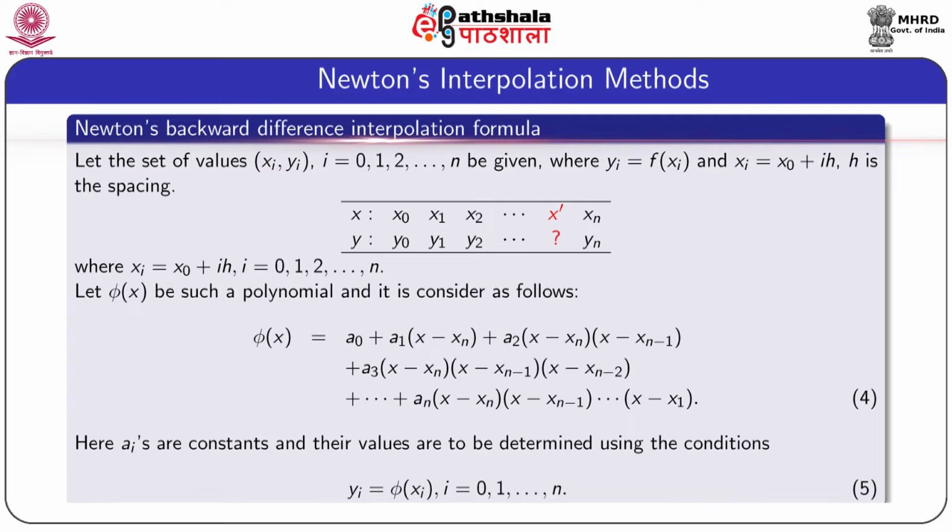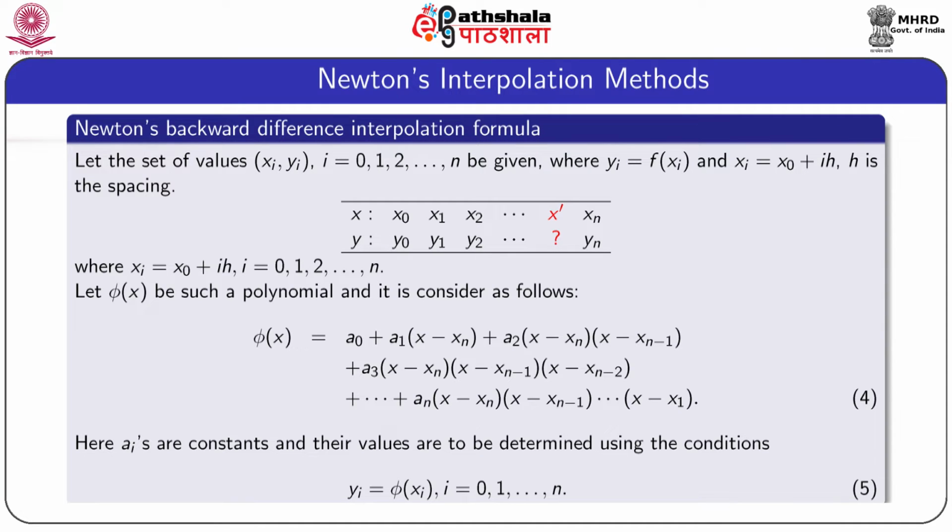So, in this case we consider phi x in the following manner: phi x equals a0 plus a1 into x minus xn, that means the last argument xn is entered first, plus a2 into x minus xn into x minus xn minus 1. That means the polynomial is constructed from the back side of the table. That is why it is called the backward formula, and so on.